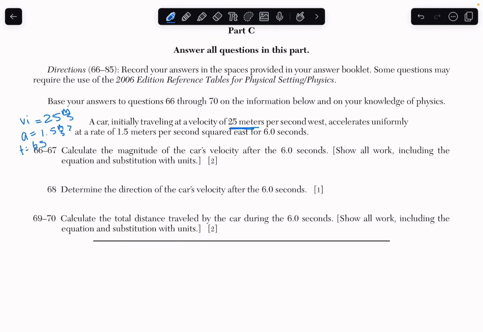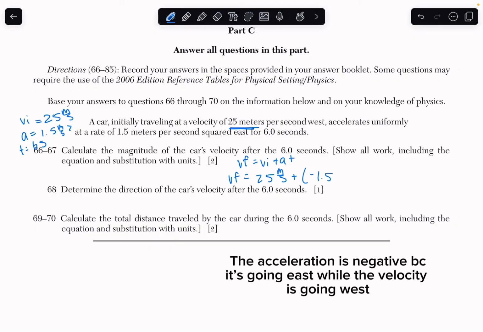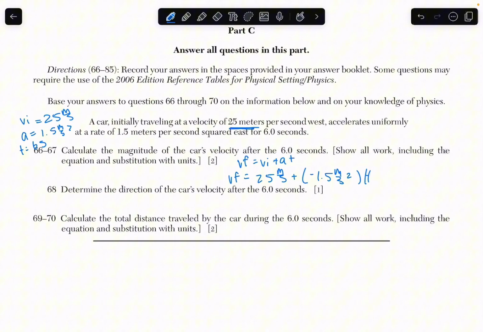So in order to find the final velocity, we just need to use the equation VF equals VI plus AT. So VF equals 25 meters per second plus 1.5 meters per second squared times 6. And after you do that math, you're going to get a final velocity of 16 meters per second west.